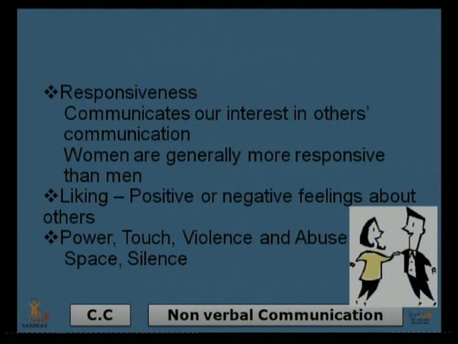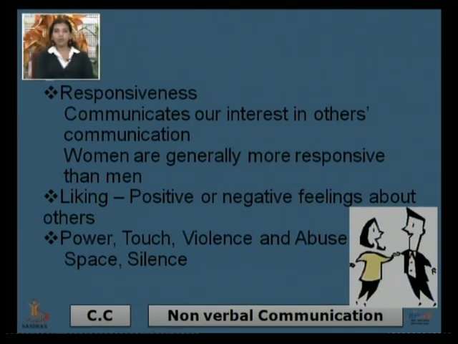Then gradually the person would respond, and by the responsiveness stage you would come across the stage of liking, because there may be aspects of that particular person which you might admire or respect. From that, it may be positive, or maybe you find that person very arrogant or full of negative attitude. After that, you'll have a powerful love or affection or whichever kind of expressions you have towards that person.